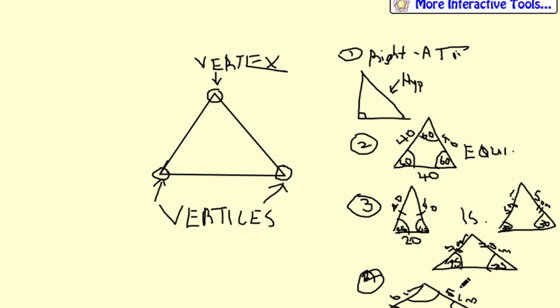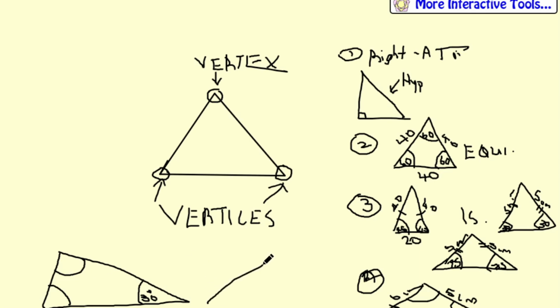There are two types of scalene triangles. So we have an obtuse scalene and we have an acute scalene. So with the acute scalene, all of the angles are smaller than 90 degrees. All right, so these angles are smaller.